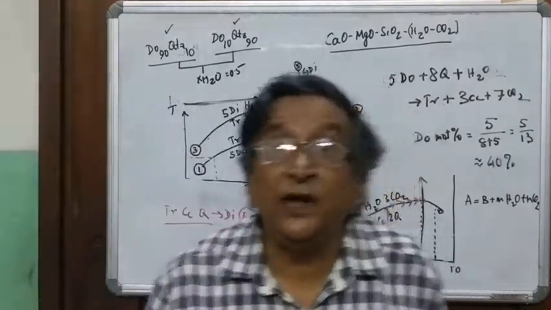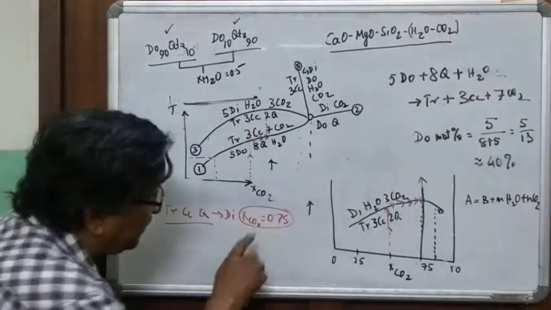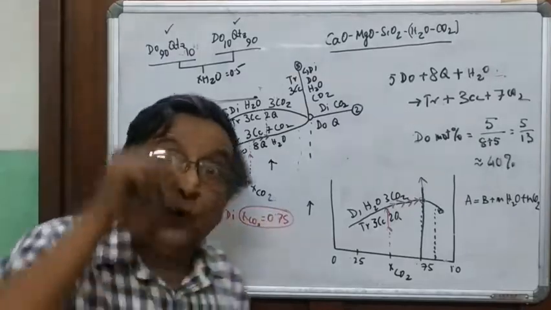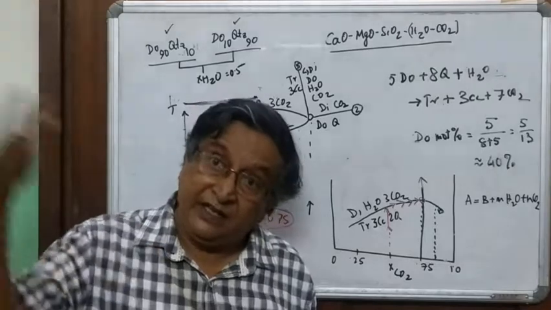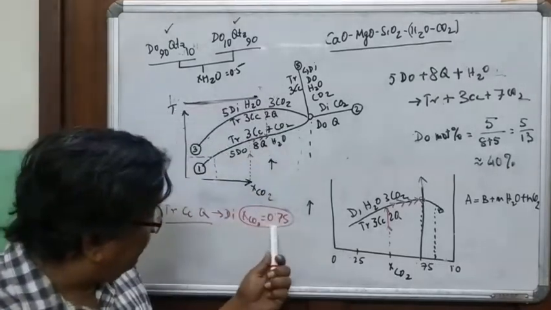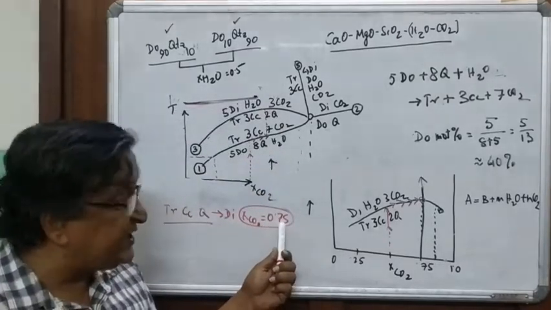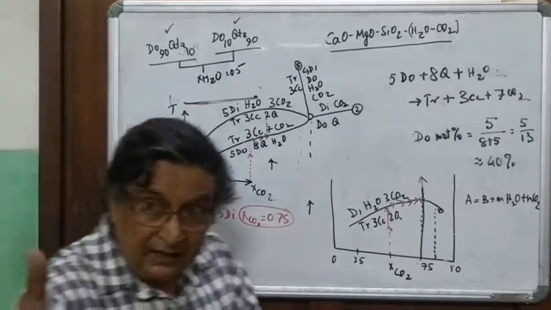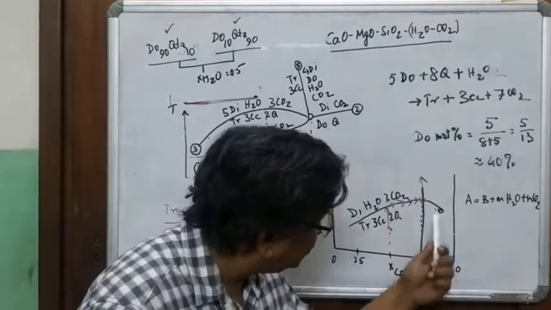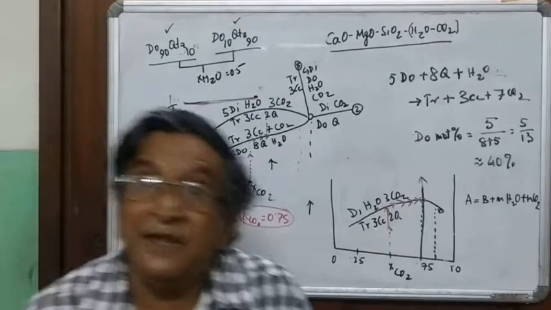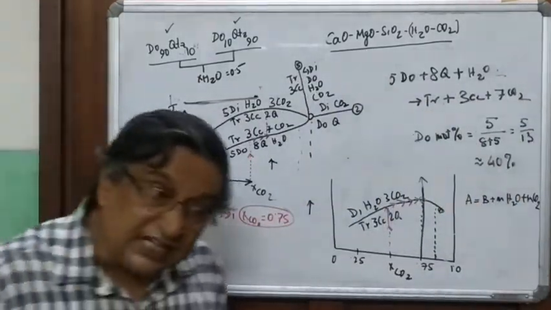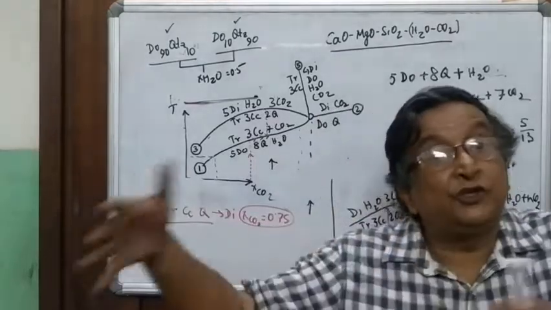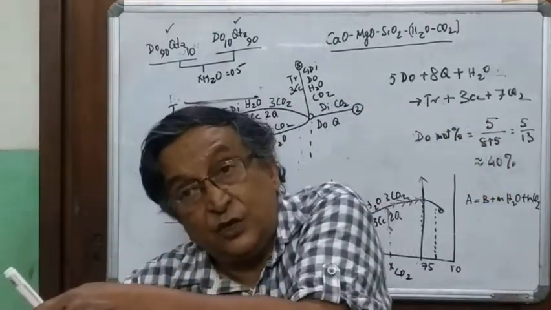So what are you doing? Although you are producing a carbon-rich fluid, your initial rock had a higher CO2. So if you add XCO2 of 0.75, then your earlier 0.85 is becoming less carbonic. Have you understood?